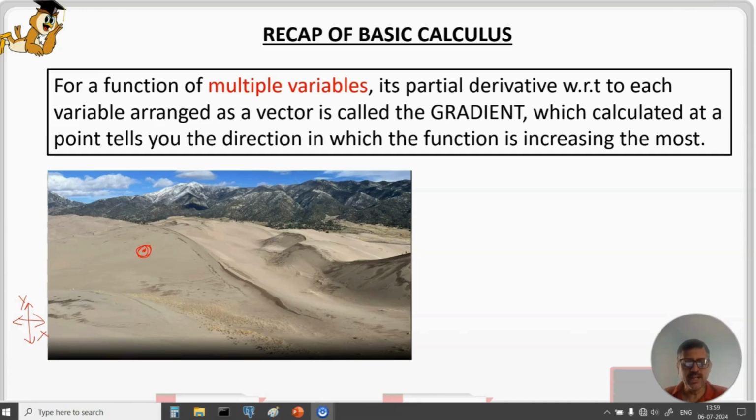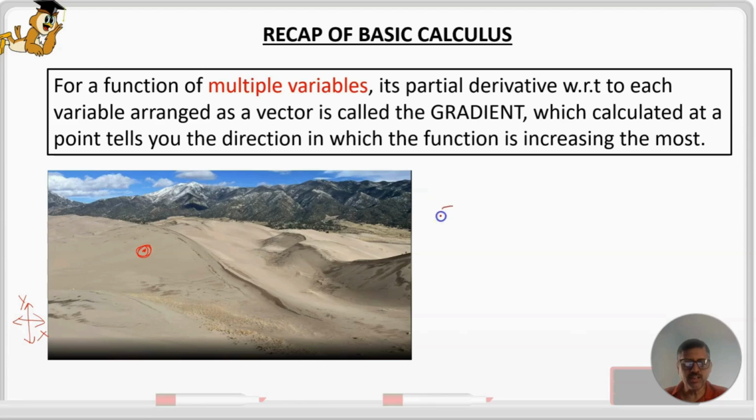So the gradient would be a vector, let's say 3 and 2. What it means is that your elevation would increase the fastest if you traveled 3 steps along the x-axis and 2 steps along the y-axis. So if you were to travel somewhere in this direction, the value of the function, which is the elevation over here, is likely to increase the fastest.